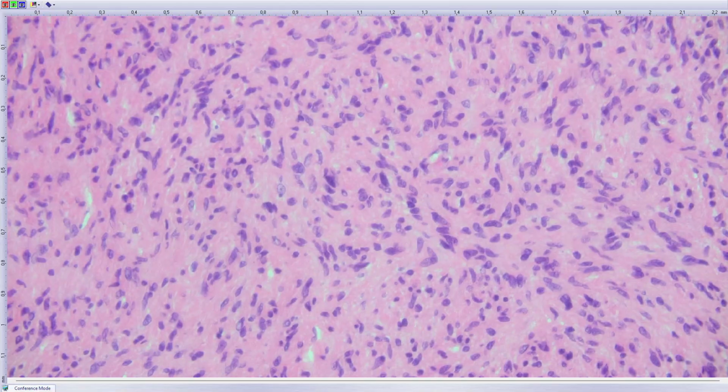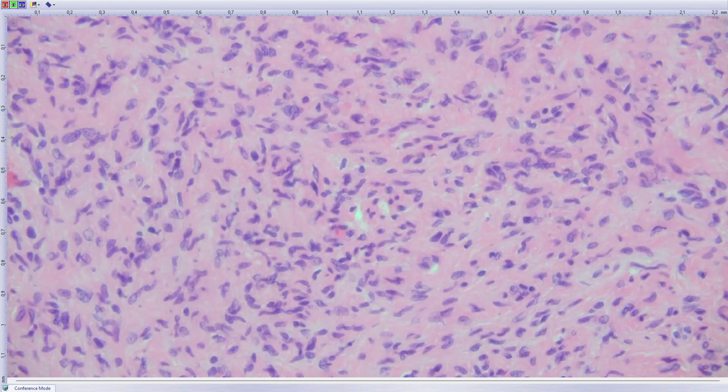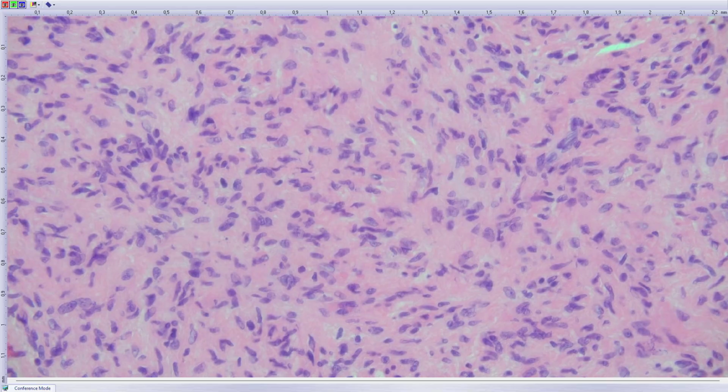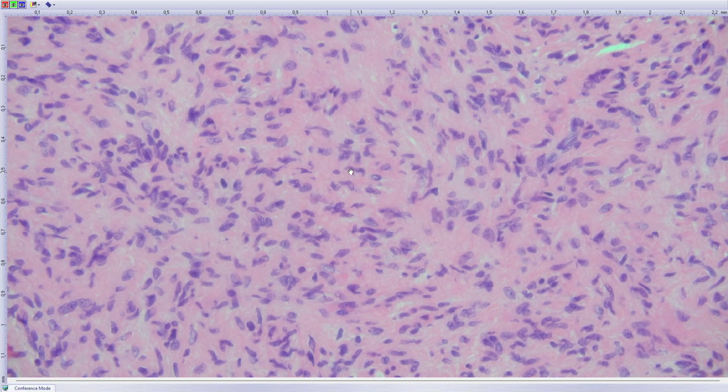And I've seen a few examples of this tumor shown here at the seminar. Often you see this mixture of these wavy, thin spindle cells, coupled with these more plump spindle cells.